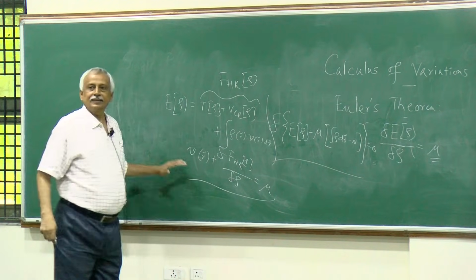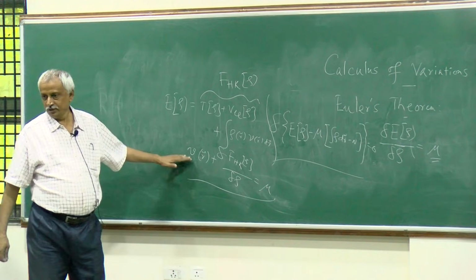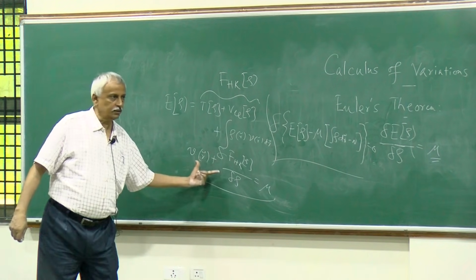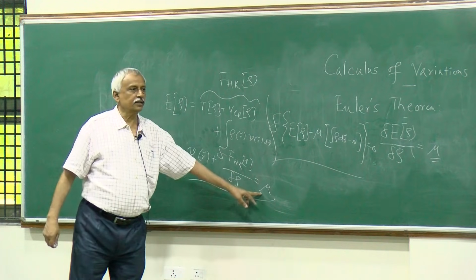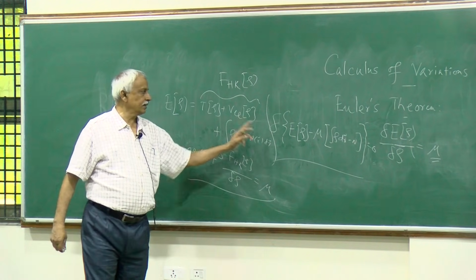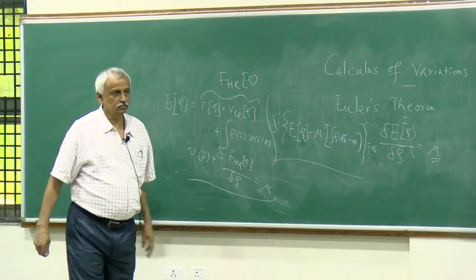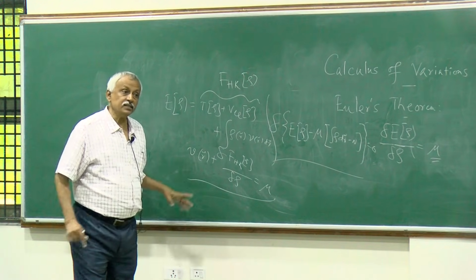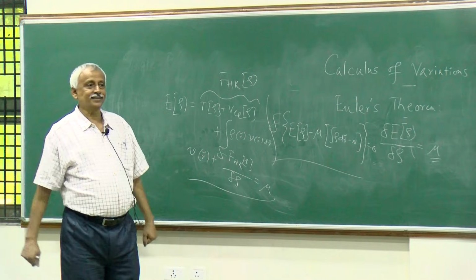So you can see this is an equation which is called the Euler-Lagrange equation. Why? Because ordinary Euler condition plus the Lagrange multiplier to take care of the normalization constraint. This is the Euler-Lagrange equation, which is your deterministic equation for the density.